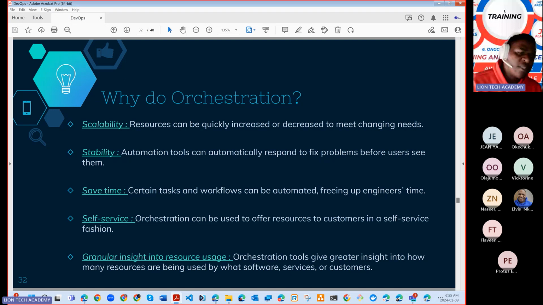So when we implement orchestration in an organization, these are the benefits: scalability. We have what it takes to scale our system out and scale it in. So yes, it's December period. We need 10 more servers. Good. The orchestra can add 10 more servers. But it's January 10th. Now things are cooler.